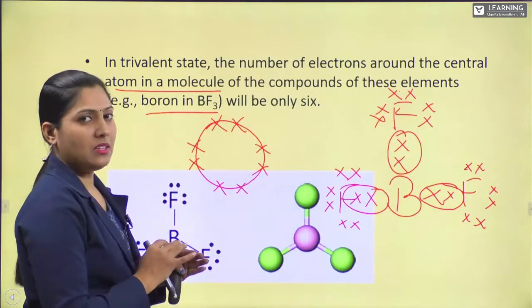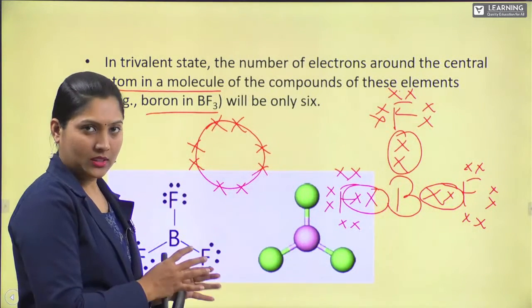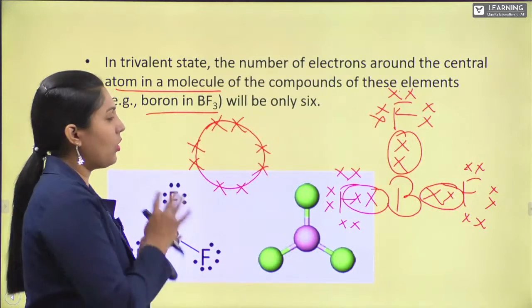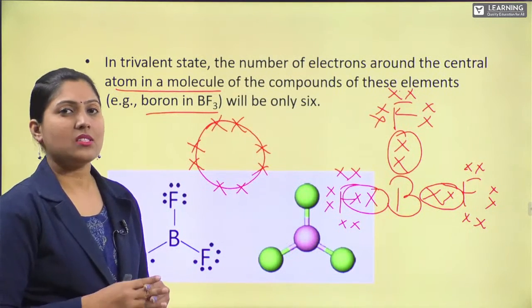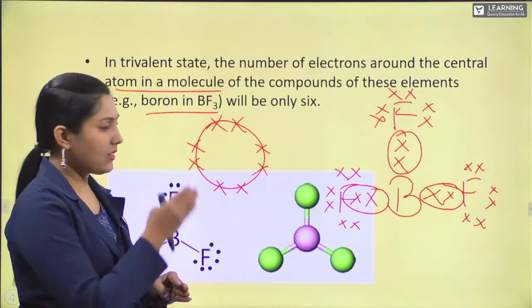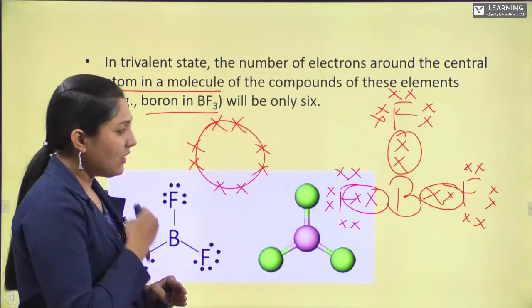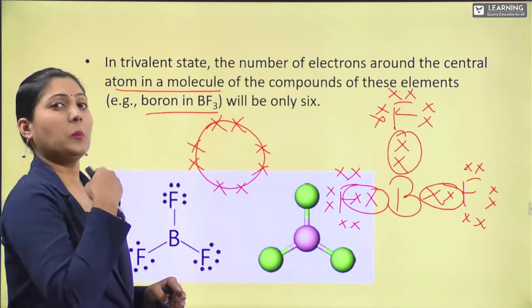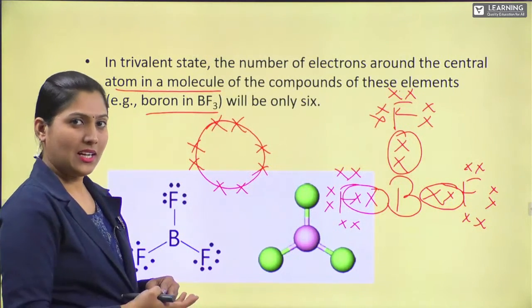If they are stable, then they cannot react. If they follow the octet rule, they will not react because they have got stability. Why are other elements reacting other than noble gases? Noble gases have the octet structure, but other elements don't. They want to meet that octet structure and hence they are bonding and sharing electrons.